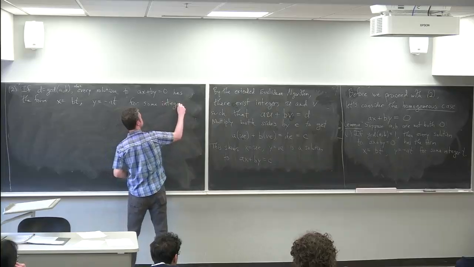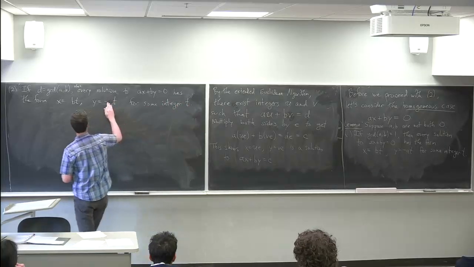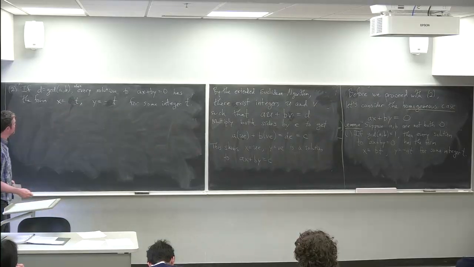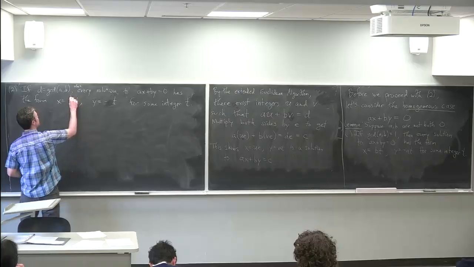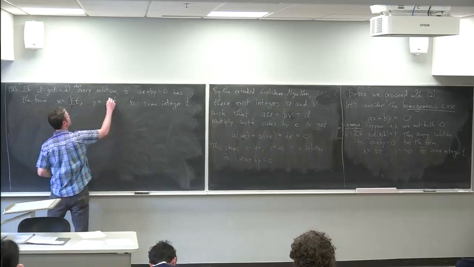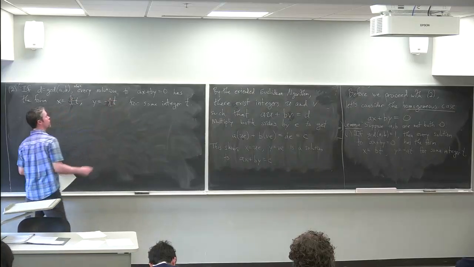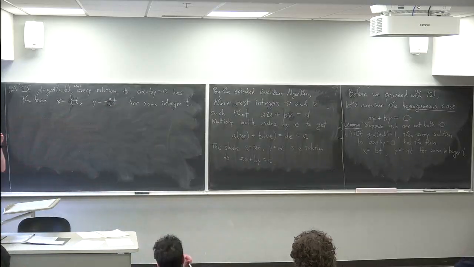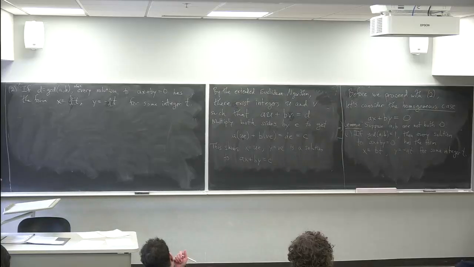Oh, sorry, I forgot to actually state it. Say over b. And that's what the harder theorem we're trying to prove would say is true here. And we'll establish it in this case first.